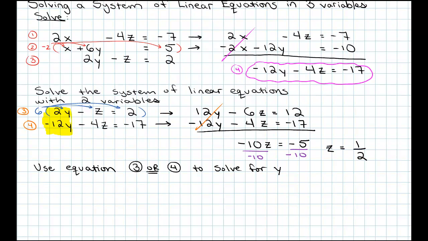So let's write down here equation number 3. Copy it down. 2y minus z is equal to 2.